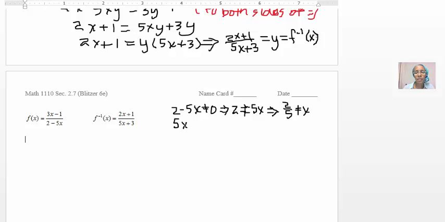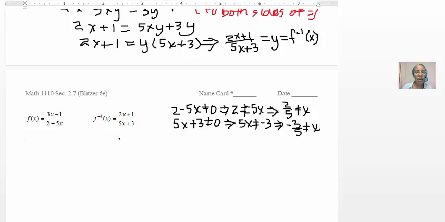Similarly, 5x plus 3 can't be 0, which means 5x can't equal -3, adding a -3 to both sides, which means minus 3/5 can't be x.